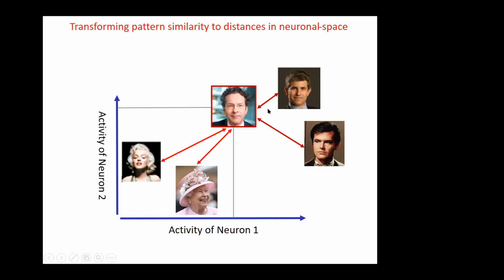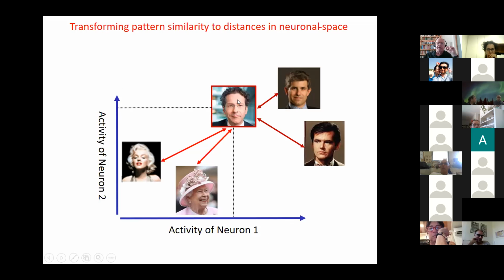Depending on the activity, this chap is activating this neuron and this neuron, and this will define a point in this two-dimensional surface where this face lives, because it activates this neuron to that level and this neuron to that level. However, Marilyn Monroe activates this neuron very differently, so she'll be situated here depending on the activation.